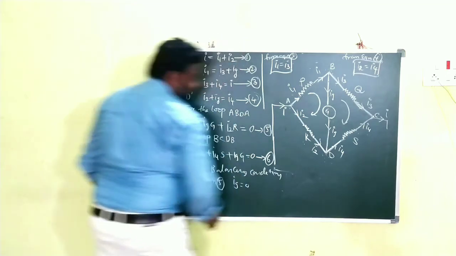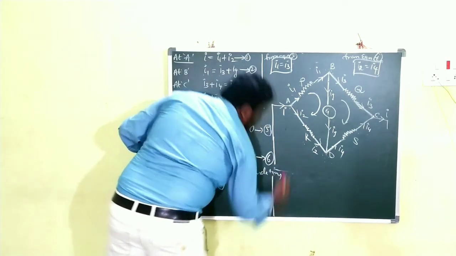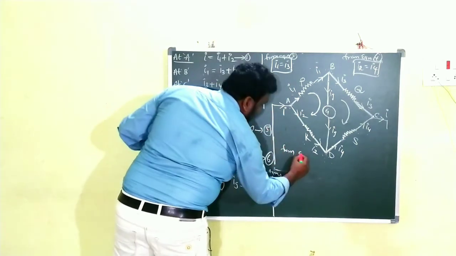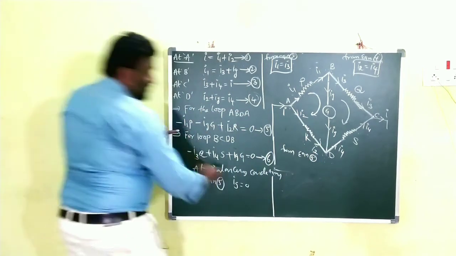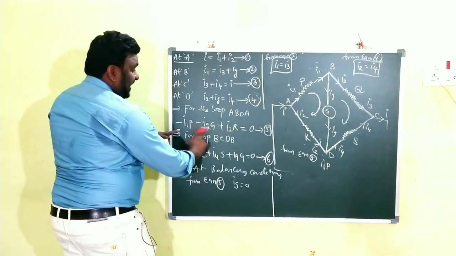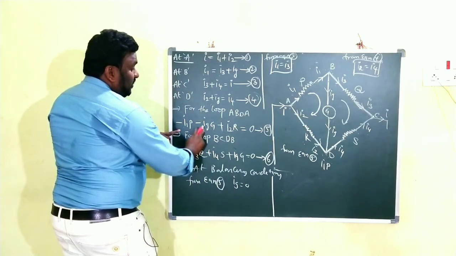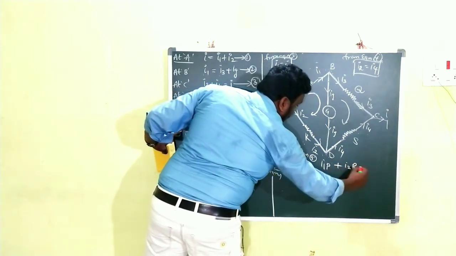So here, from equation number 5, children, what do we write? I1P minus Ig into G. Ig value is 0. Plus I2 into R is equal to 0.